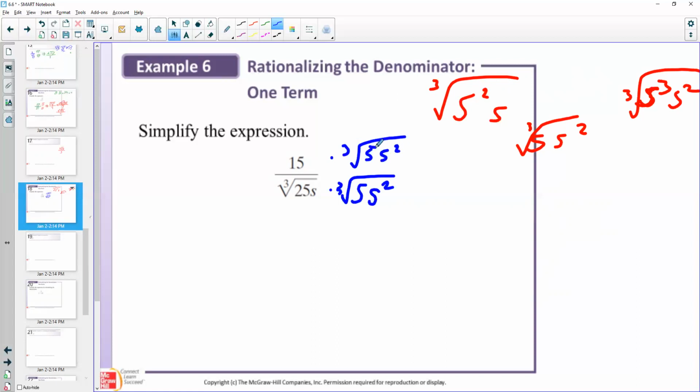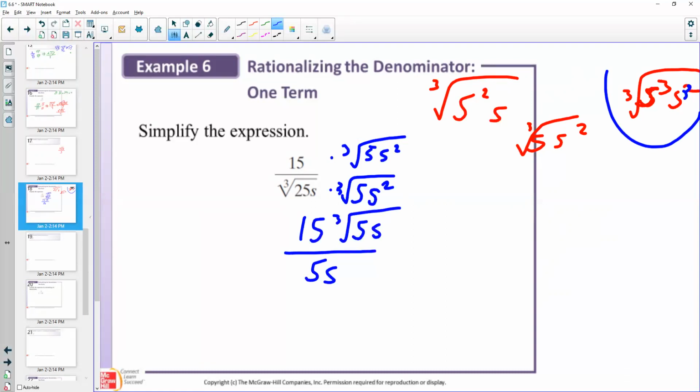On the bottom, that would get me cube root of 5 cubed, s cubed, and that's going to be 5s. On the top, I'm just going to get 15 cube roots of 5s squared. That's it. It's done. Okay.